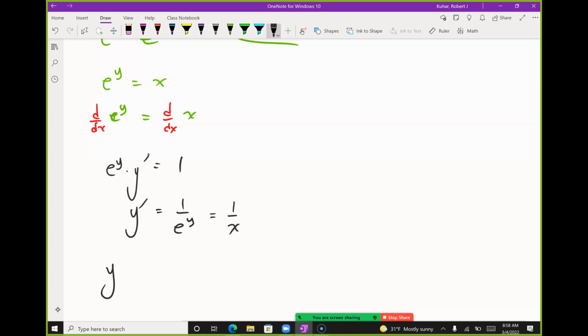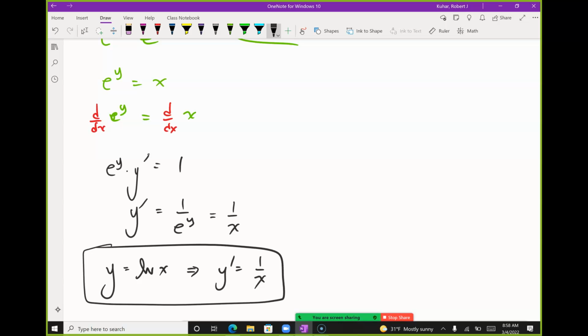So what do we have? If y is ln of x, then y prime is 1 over x. But we want our chain rule version, right? If y equals ln of u, what's y prime?